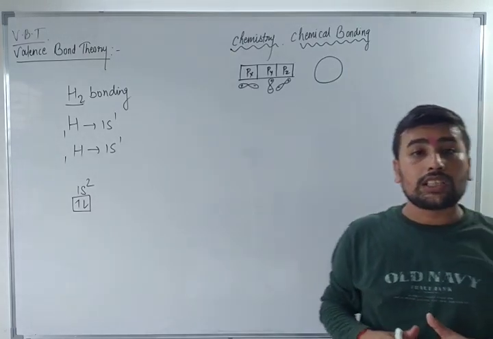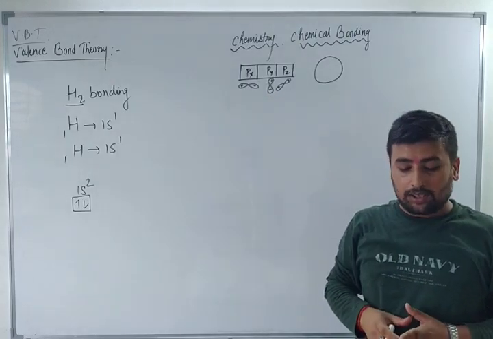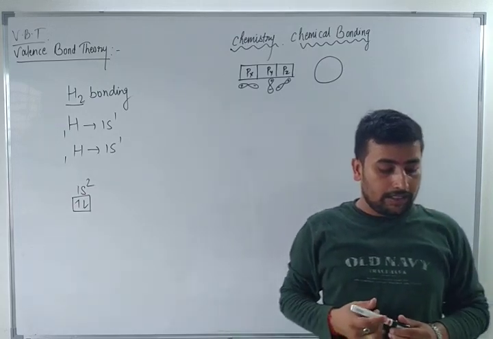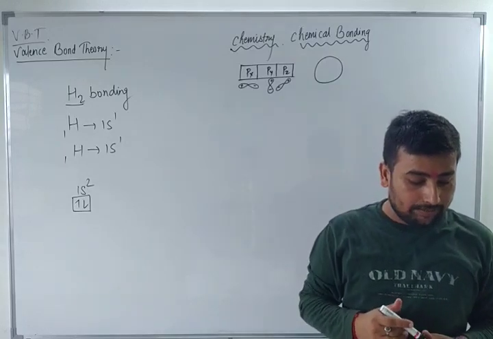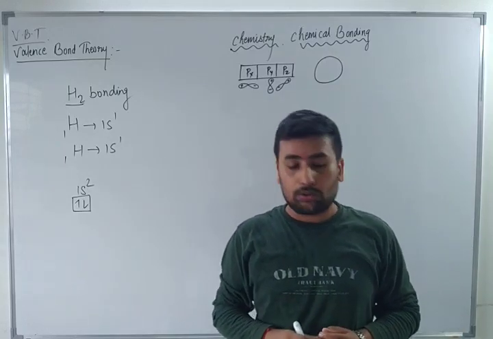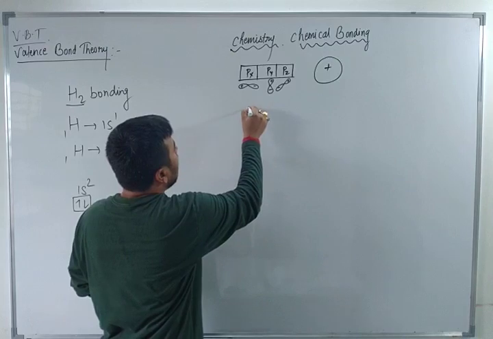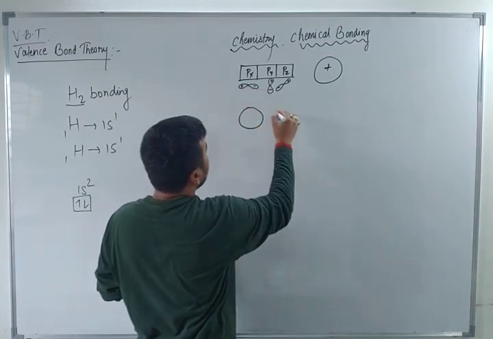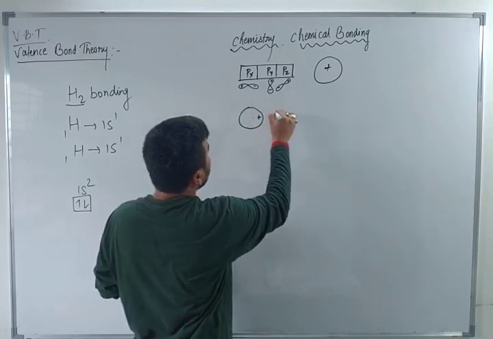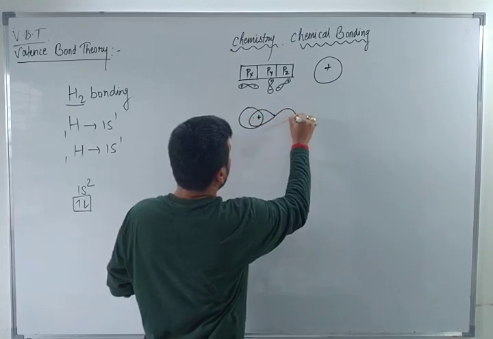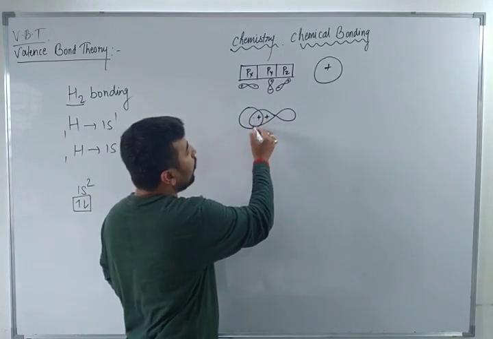Now, as you have seen about positive, negative and zero overlapping, when positive lobes overlap, or positive and negative lobes overlap, only then are positive, negative and zero overlapping formed. Just suppose this is an S orbital and this is a positive P orbital.